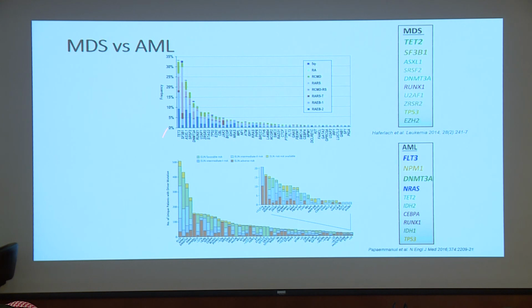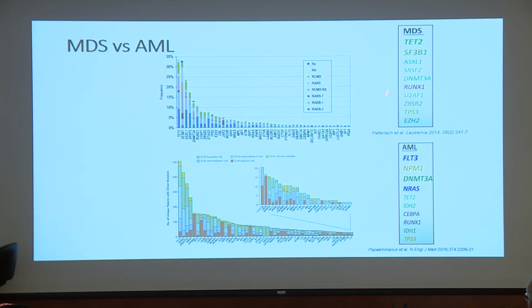As you can see, MDS is mainly defined by mutations in epigenetic and splicing factors, like TET2 and SF3B1, while AML is usually in growth factors, like FLT3.